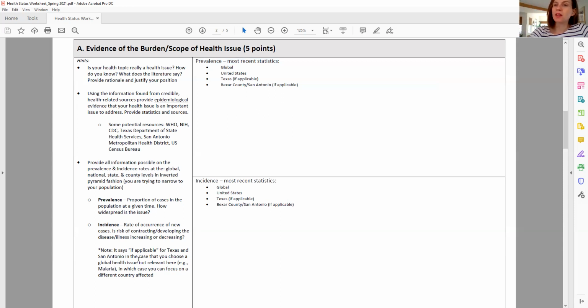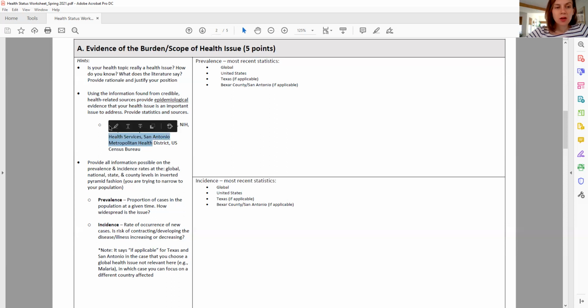So I want to know globally how big of a problem is lung cancer, nationally, in Texas, and then locally. And I have here that they really should be from credible sources, and I have some examples like the World Health Organization, the National Institutes of Health, the Centers for Disease Control and Prevention, the Department of State Health Services in Texas, for example.